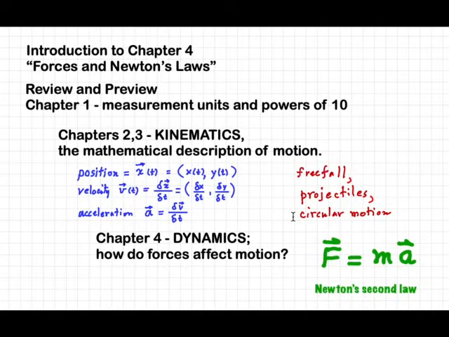If an object's moving on a circle, its velocity vector is directed tangent to the circle, and its acceleration vector, if the speed is constant, is directed towards the center of the circle. If the speed is increasing, then there's also a component of acceleration tangent to the circle.